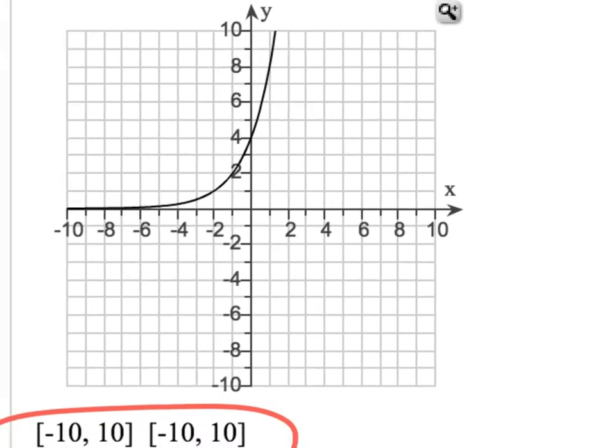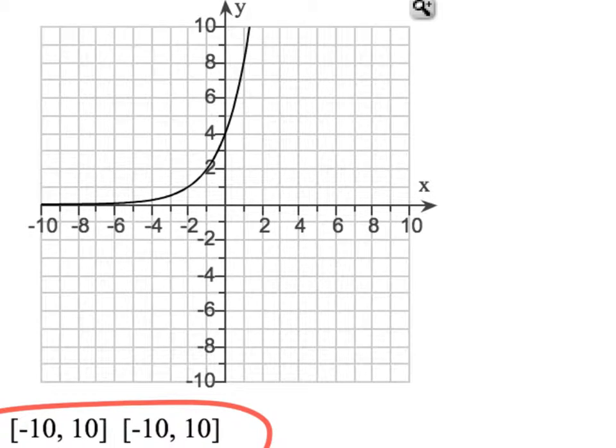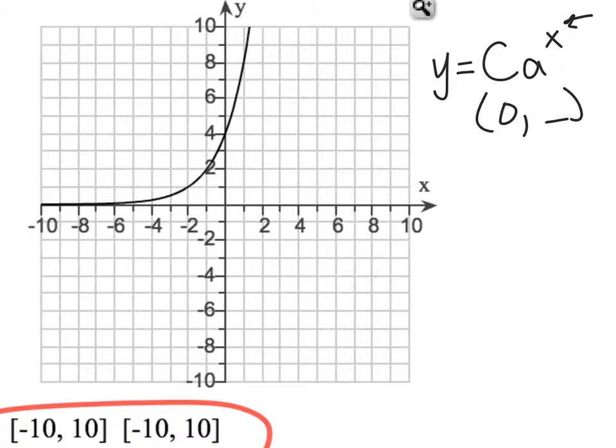So when we think of that equation, y is equal to c times a to the x power, let's first think about when x is 0. When x is 0, we want to figure out what is y. We know, right here, when x is 0, y is equal to 4.